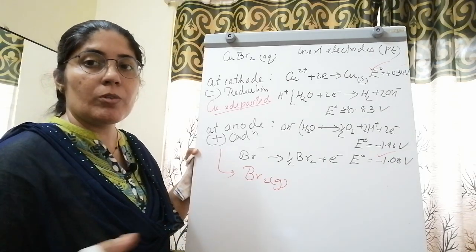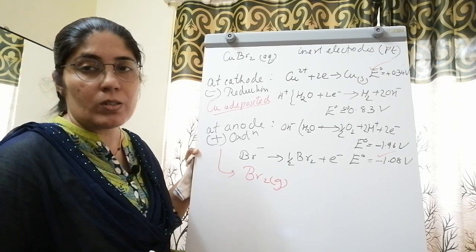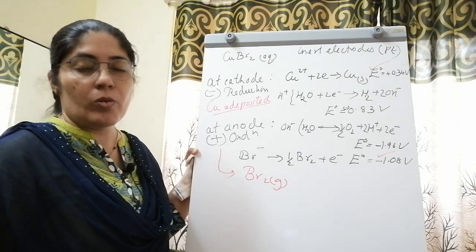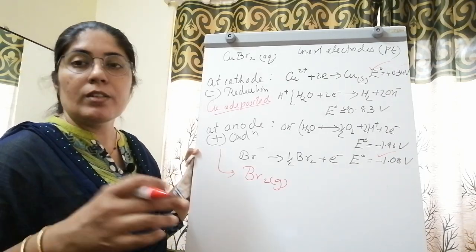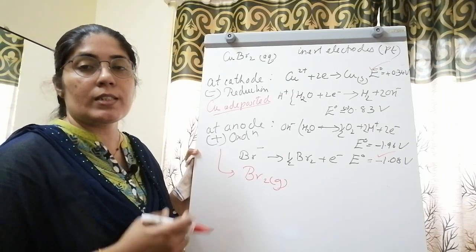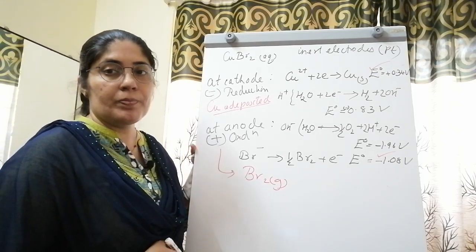So in the next class, we will be learning the important Faraday's laws of electrolysis, which teach us how much current is passed, how much amount of substance will be deposited, and the relations among them. Faraday's laws of electrolysis is what we are going to discuss in our next class.